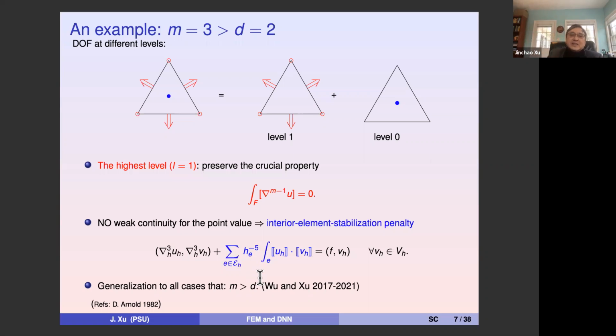You actually have a DG, for example, in the old days, I have lots of DG methods. For example, I think Susanne Brenner and many other people also did this kind of stuff. But this one is just the lowest order polynomial with the smallest possible stabilization.